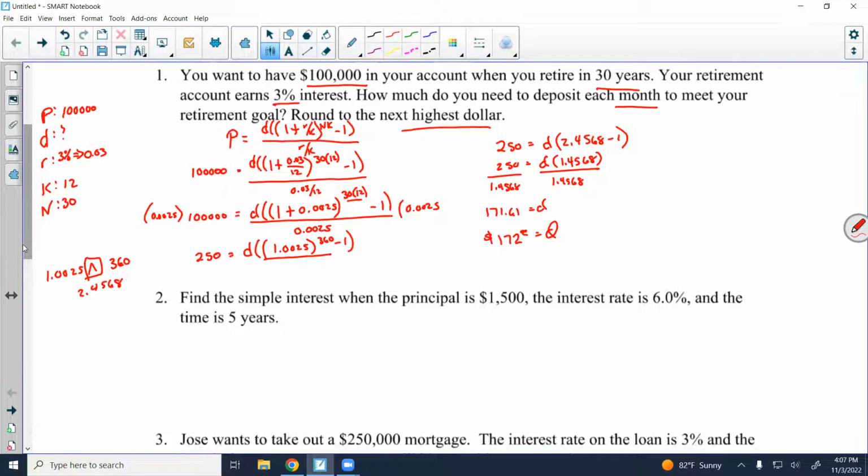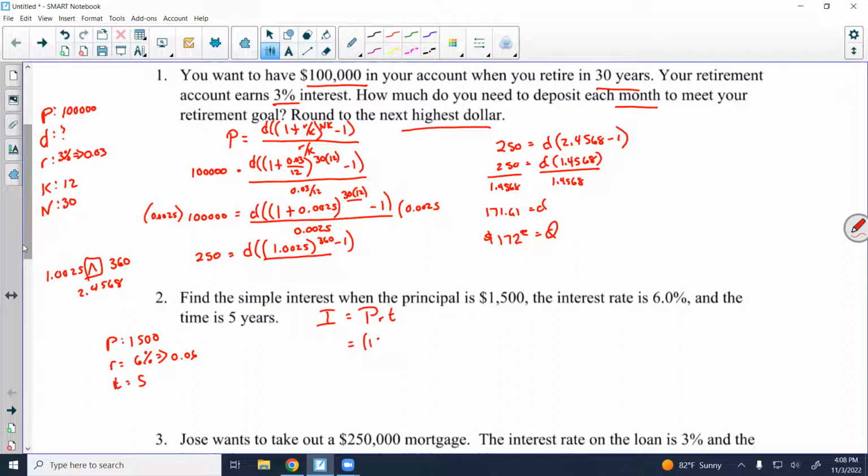Okay, the next one is find the simple interest when the principal is $1,500 and the interest rate is 6% and the time is 5 years. So this is simple interest over time. Formula is interest equals P times R times T. Well, my principal is 1,500. My interest rate is 6%, or 0.06, and my time is 5 years.